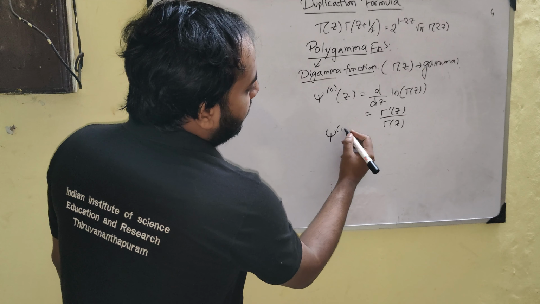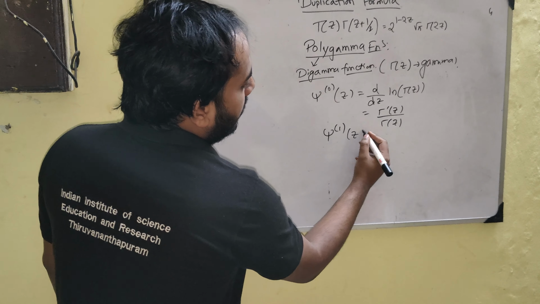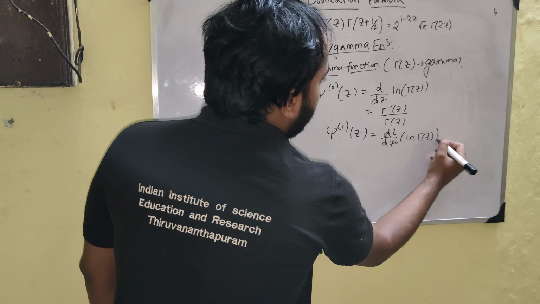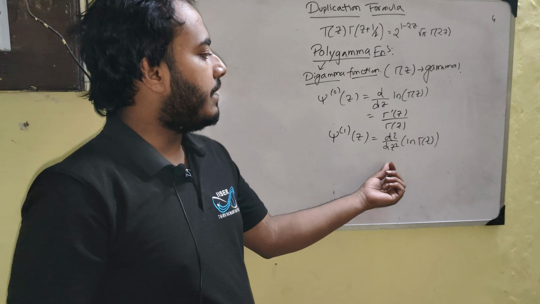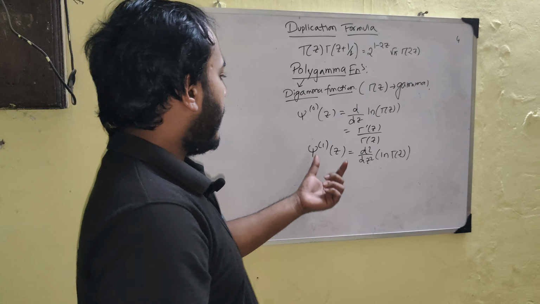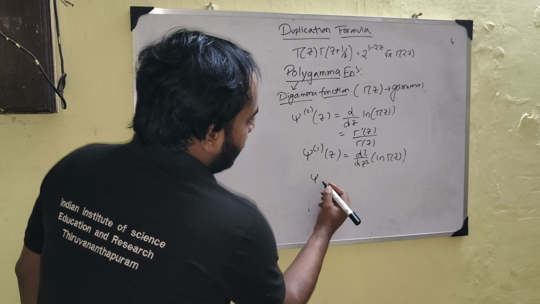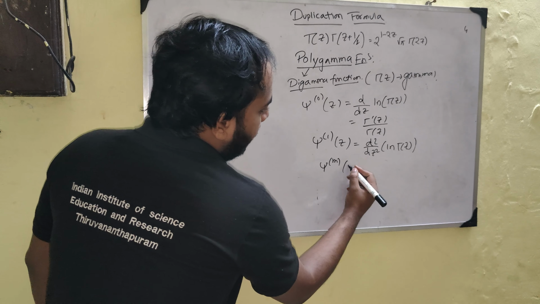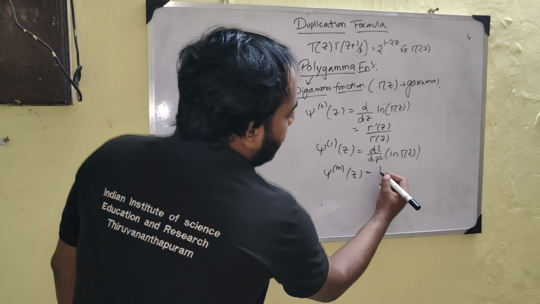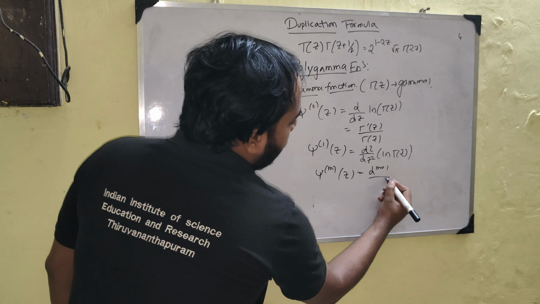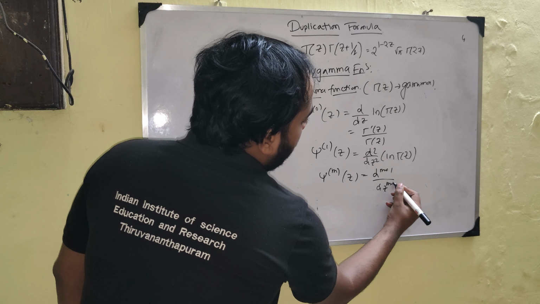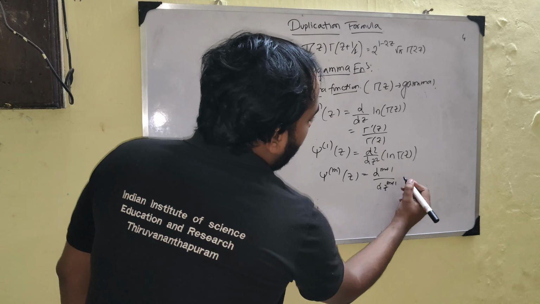The trigamma would be like this, and it would be simply d squared by dz squared of ln of gamma z. So twice differentiation, the 2nd derivative of ln of gamma z. And obviously you can understand in this manner that psi of m of z should be simply the m plus 1th derivative of ln of gamma z, correct?